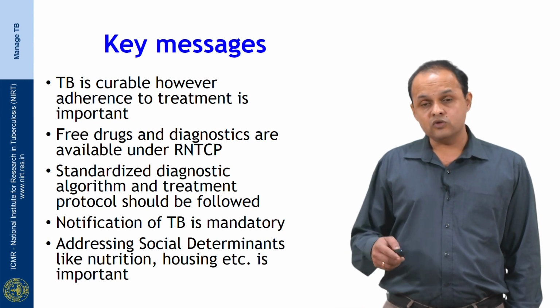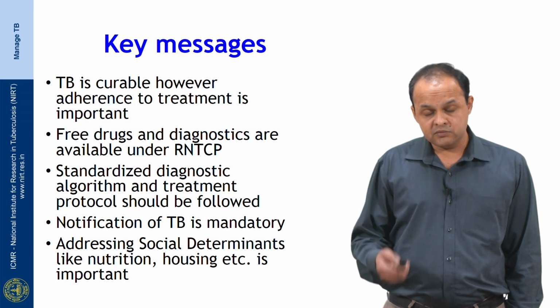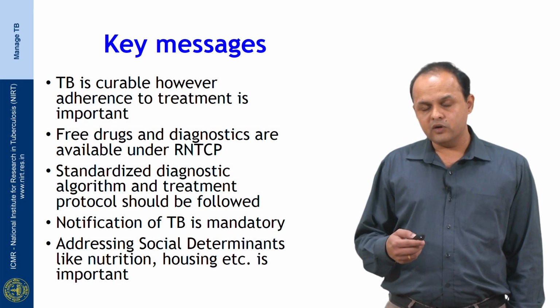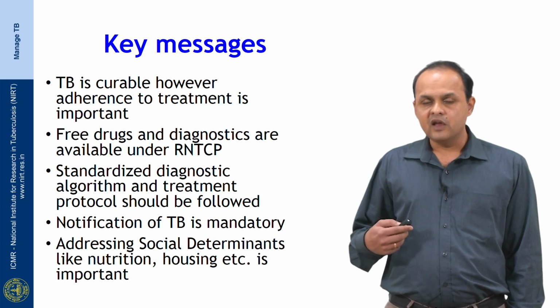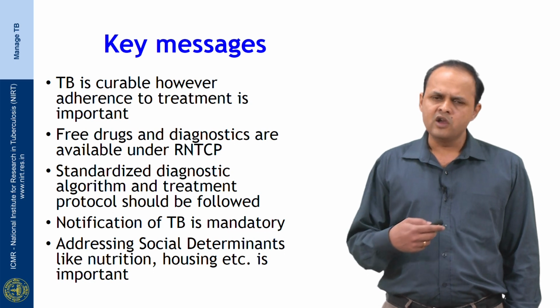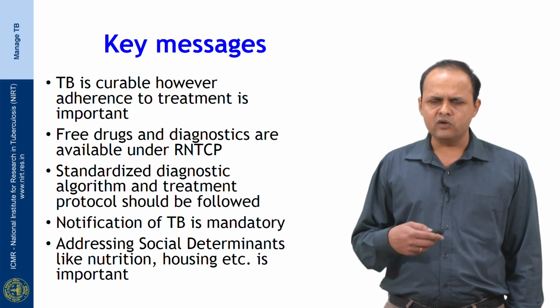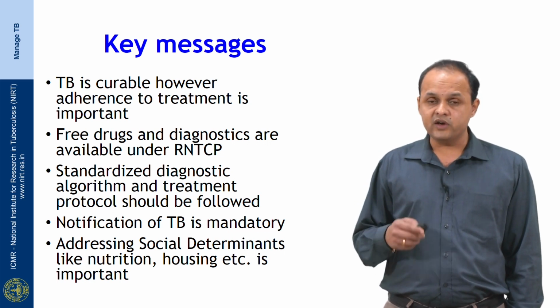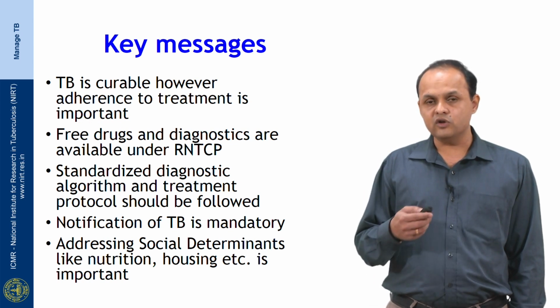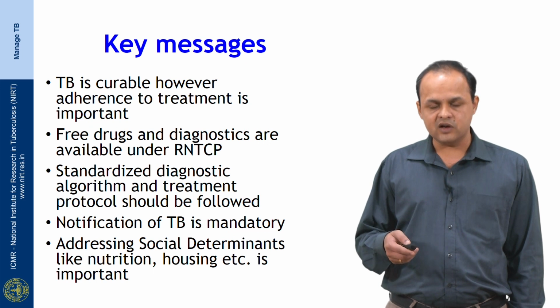The program also provides support for addressing all the other requirements of a tuberculosis patient, like social protection measures for nutrition or housing. All these things are important, because providing free diagnosis and treatment alone is not going to help us eliminate this infection in the country.